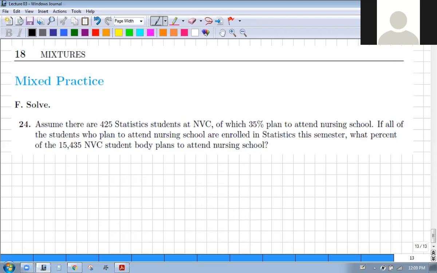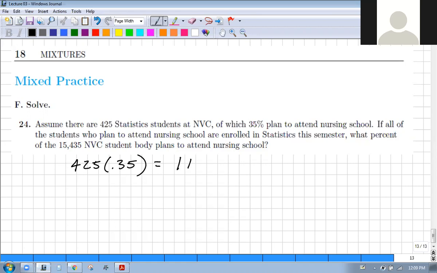Well, let's see how many. If we have 425 stats students and 35% are going to nursing school, this is going to tell us how many are in nursing school, right? So 425 stats students, 35% are nurses.